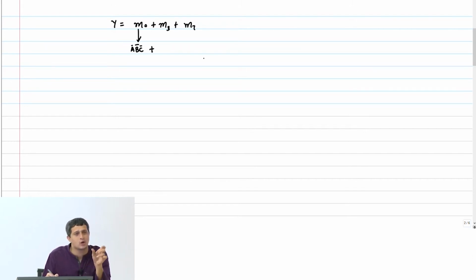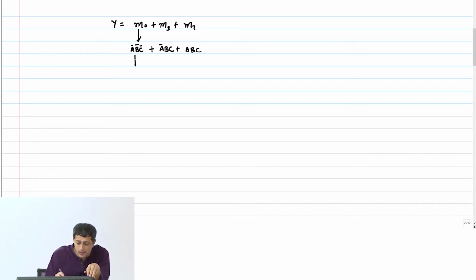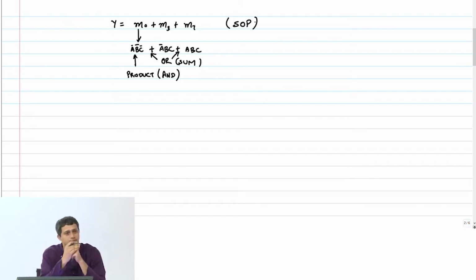Then I have an OR of the other term, A bar, B, C plus A, B, C, right? So there is a product, right? And that's nothing but an AND condition. And there is a sum operation that is being performed here, which is an OR condition. This is the sum. That's why it's called sum of product, SOP, right?